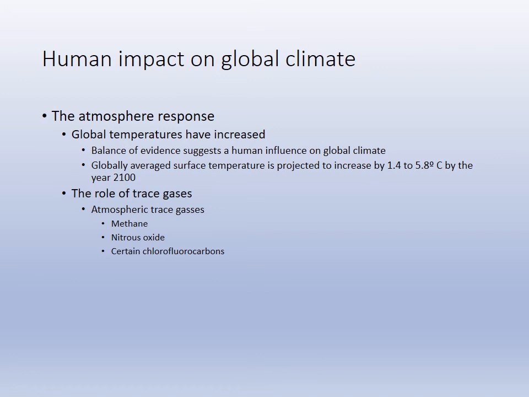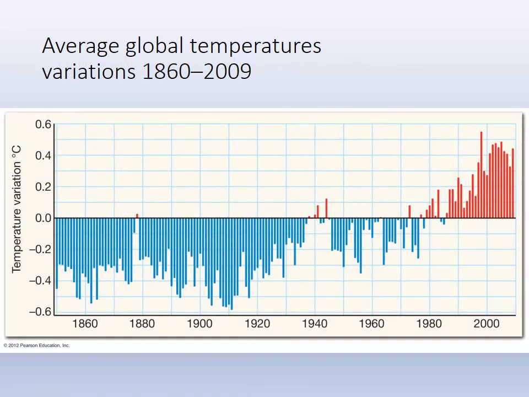We project an increase, and now that's a big range, 1.4 to 5.8, but we project it to keep rising, and carbon dioxide is the number one, and then methane, nitrous oxide, and chlorofluorocarbons follow behind. You can see here's the temperature data and how we've been rising steadily.